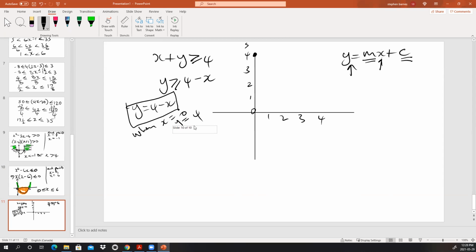So that's a point there, 0, 4. And then the other one, when y equals 0, that means x equals 4. So this is another point here. So if you can find these two points, you win, right? 4, 0. And connect these two.